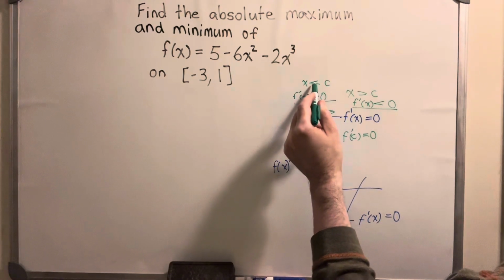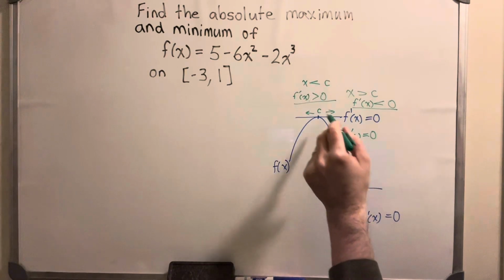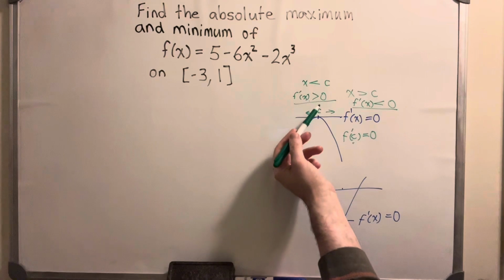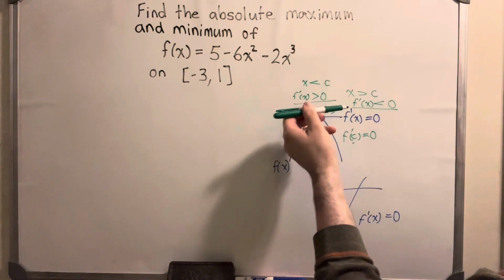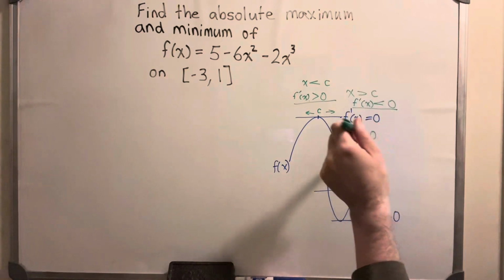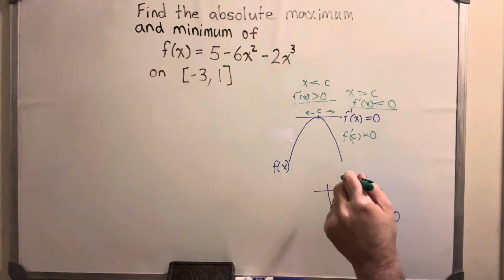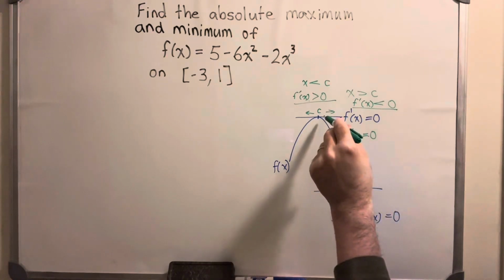If we're talking about the values of x less than that critical point, then our slope is positive. And if our value of x is greater, then the slope is negative, then it's a maximum.